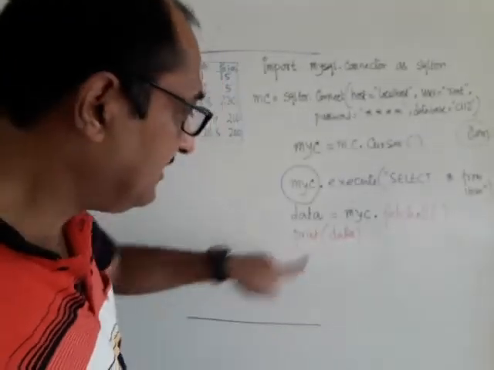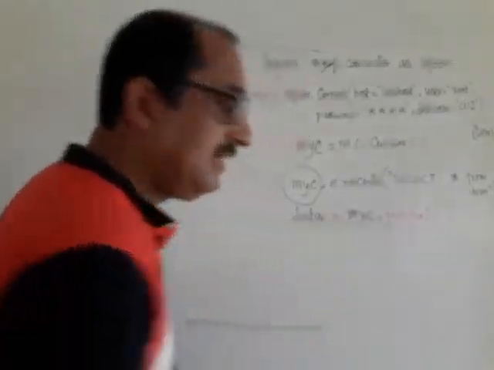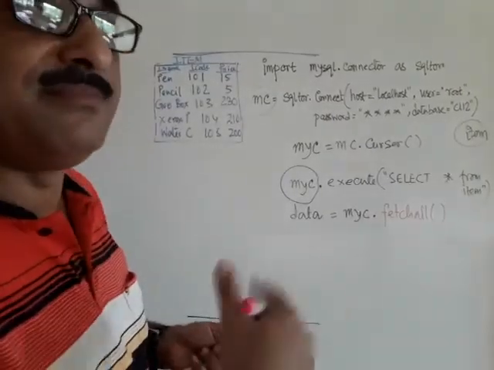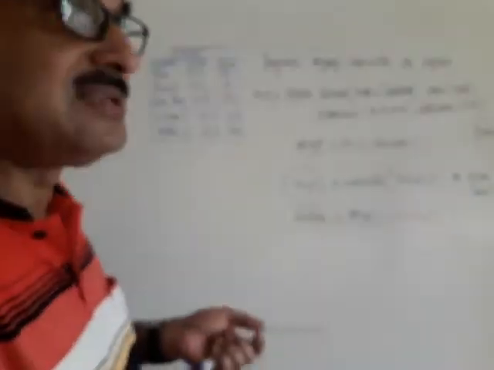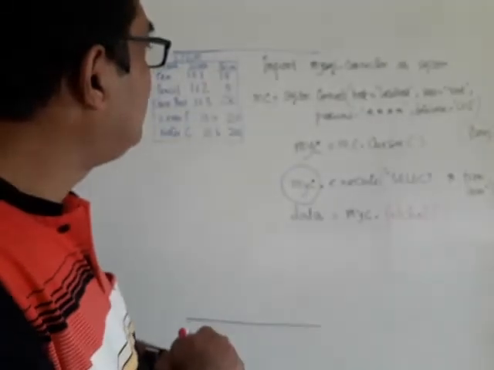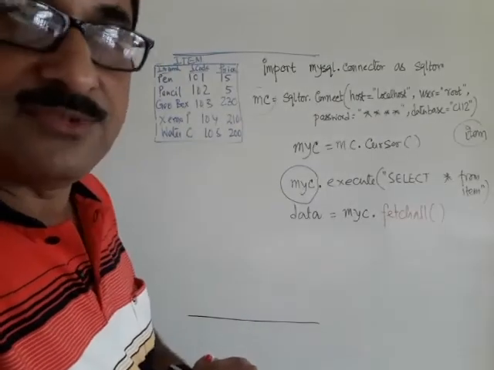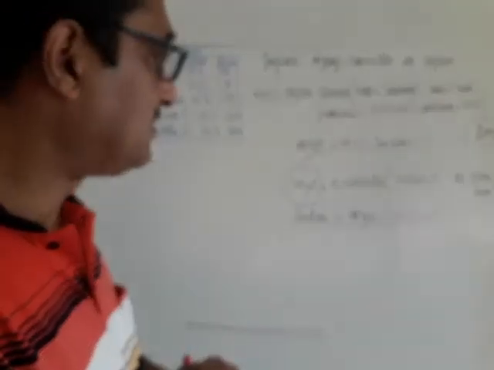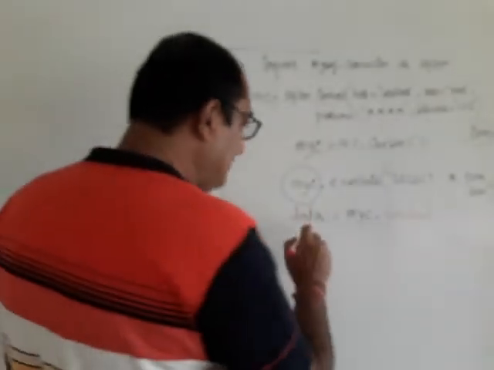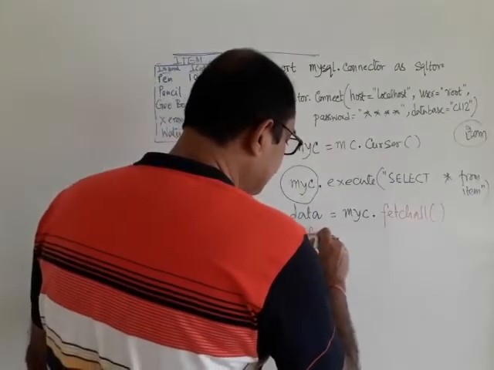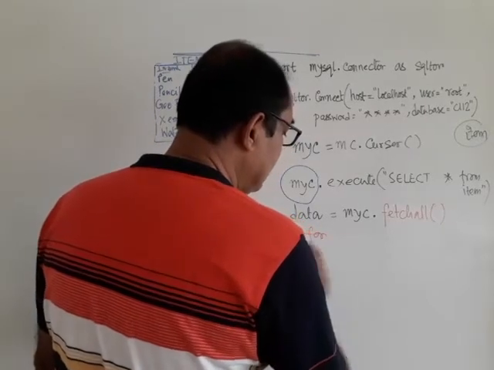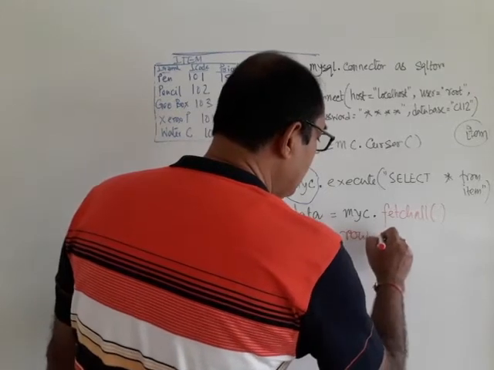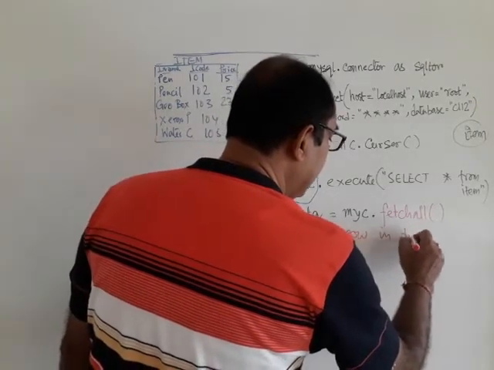But instead of doing this, if I want to individually print or access the values, obviously, since we are analyzing the whole thing through a Python program, I would like to go through individual records. That can be done very easily by using a for loop. Look at this: for row in data.